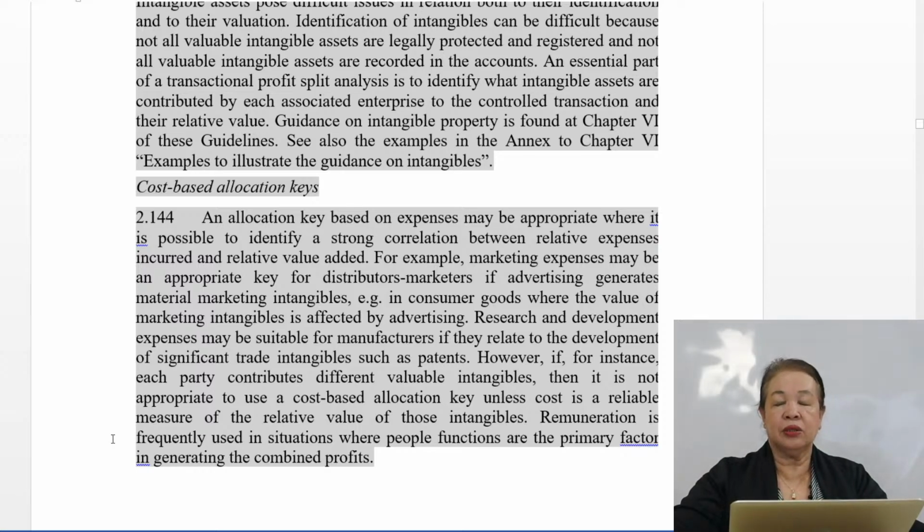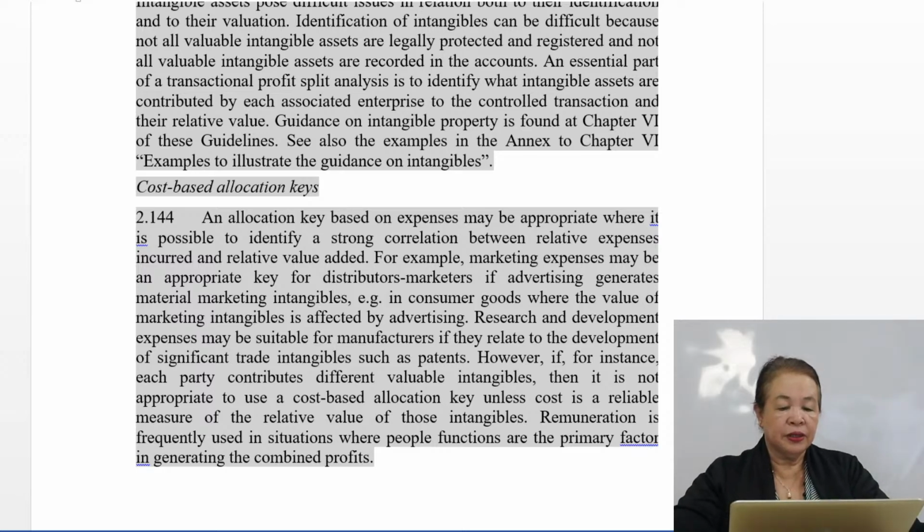No? So in the future, titingnan po natin yan at aralin natin yung guidance on intangibles. Why? Because nowadays, we cannot do away with the study of intangibles because intangibles are very important considerations in the study of transfer pricing and in the actual, yan din po ang nagkakaroon sila ng mga tax savings devices using the intangibles.